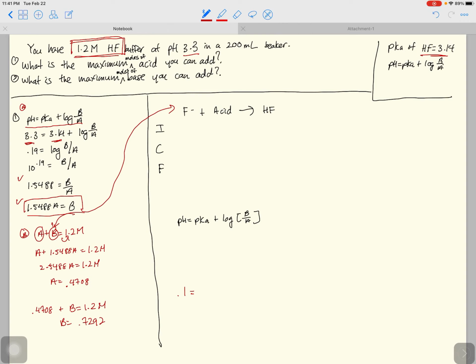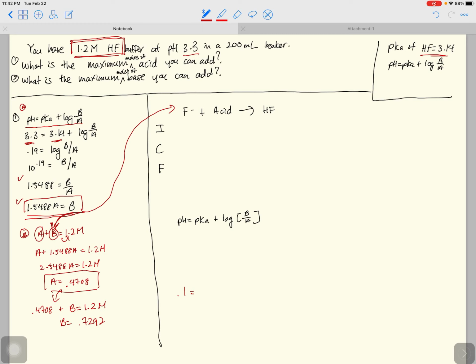Once we plug in the B that we found, we get A plus 1.5488A equals 1.2 molarity. Once again, we do more algebra and we get A equals 0.4708. Then we plug that number into our original equation, A plus B equals 1.2, and we get B equals 0.7292.